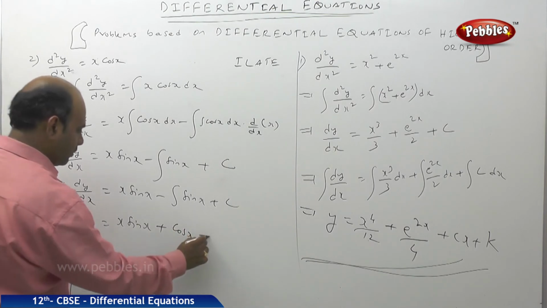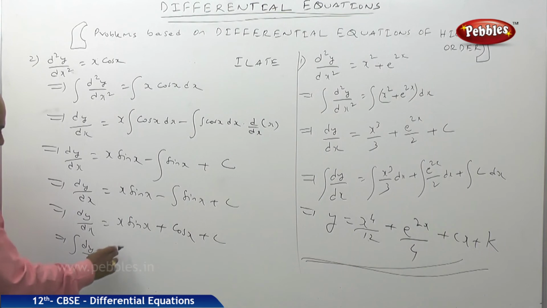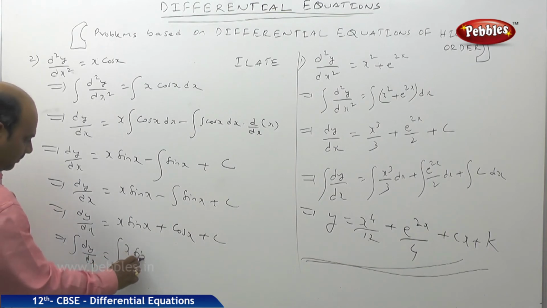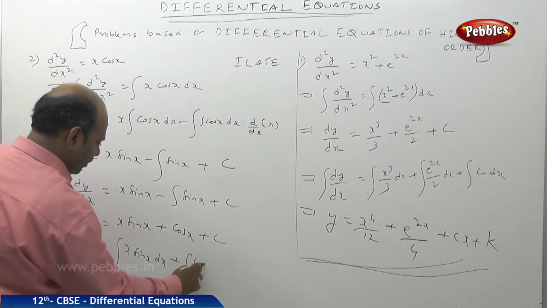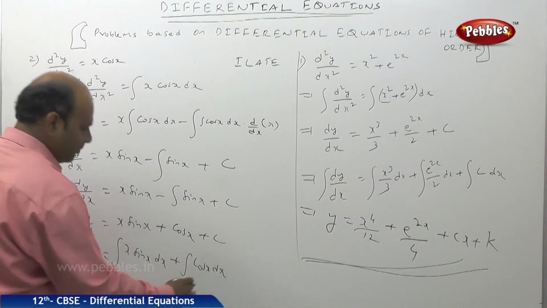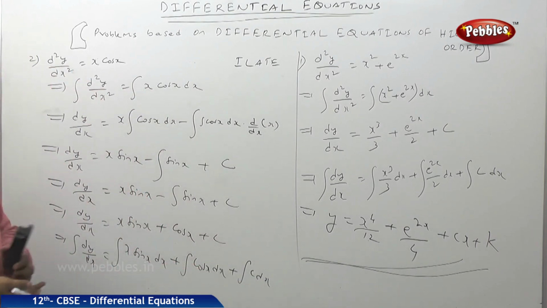So minus will become plus. Now I will be doing integration. So what happens? Integral of dy by dx is equal to integral of x sin x dx plus integral of cos x dx plus integral of c dx.